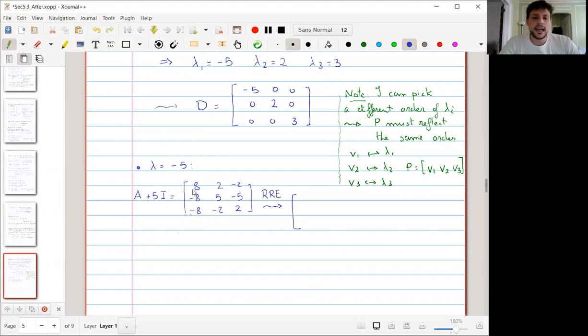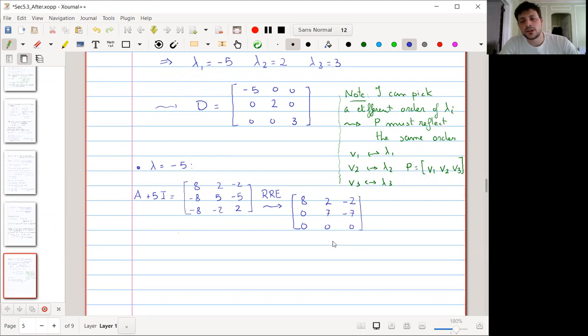And I can add the first row to the other two to eliminate a few things. If I add it to the second, I get 0, and then here becomes 7 minus 7. And if I add it to the third, I get 0, 0, 0.